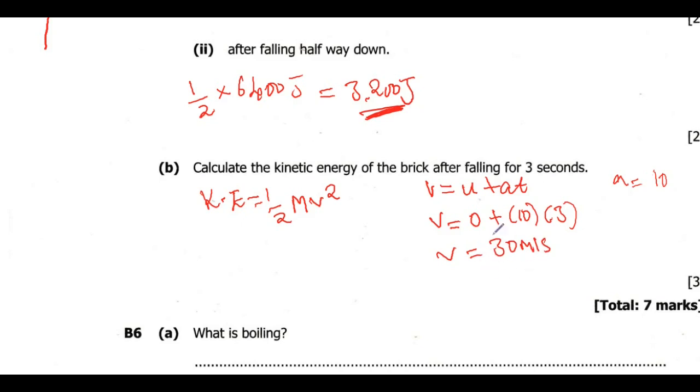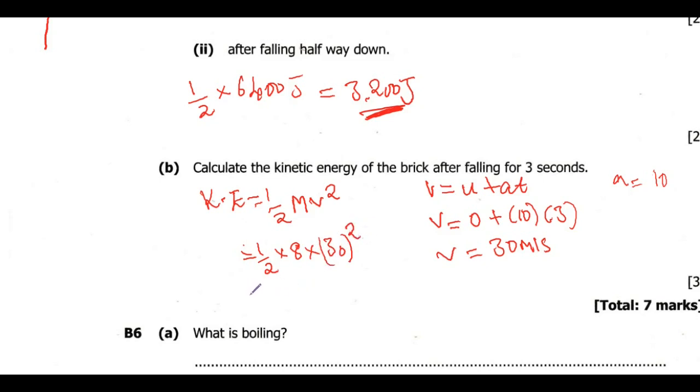After getting the final velocity, we can use it here. Kinetic energy is equal to half the mass of the brick, which is 8, times the final velocity, which is 30, squared.